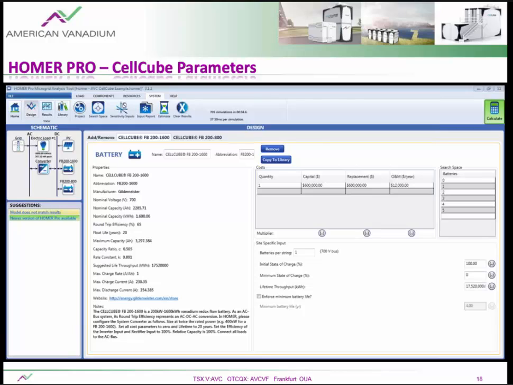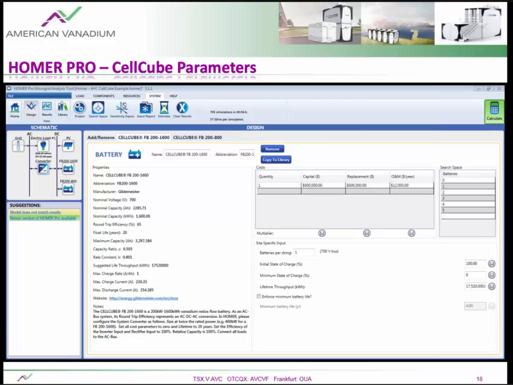So for this example, because the load ranges from 200 kilowatts to 500 kilowatts, most likely we'll be looking into using the larger systems, the 200 kilowatt systems.